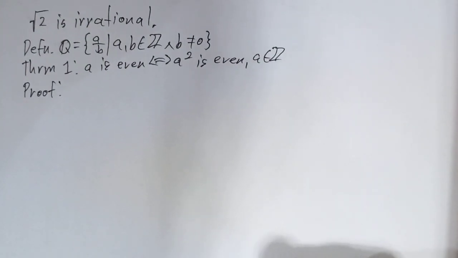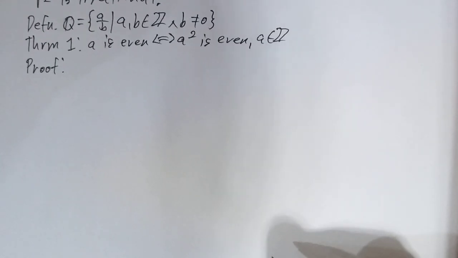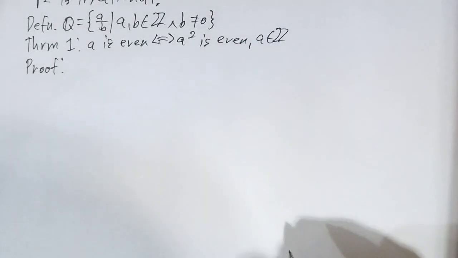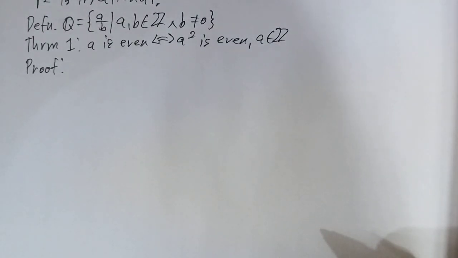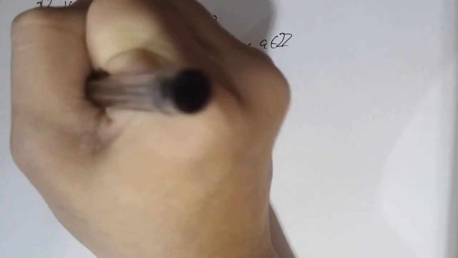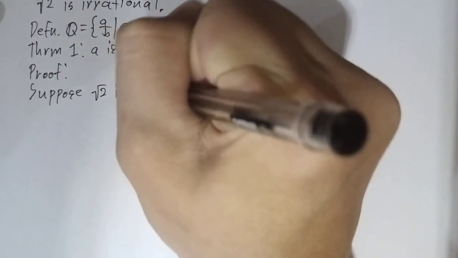Proof for this theorem: we will indirectly prove this statement by supposing, for the sake of contradiction, that the square root of 2 is rational.